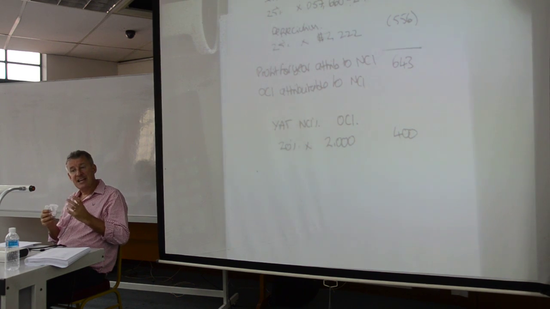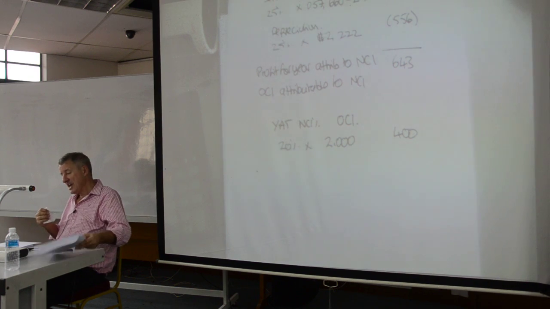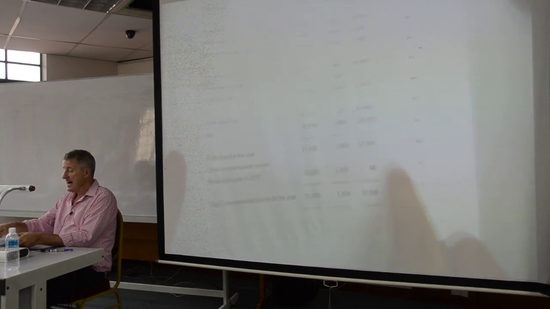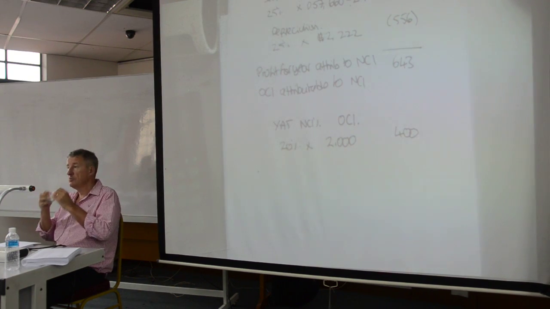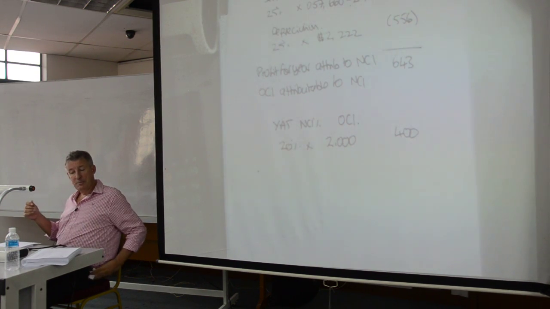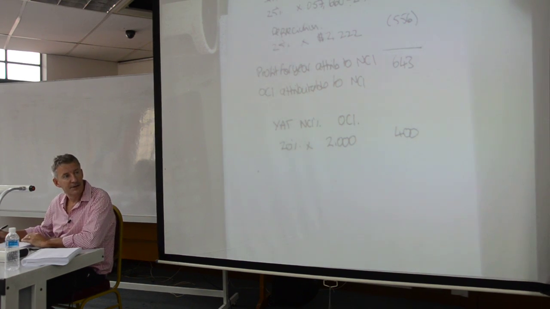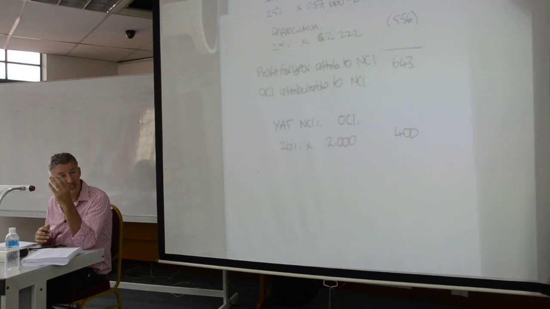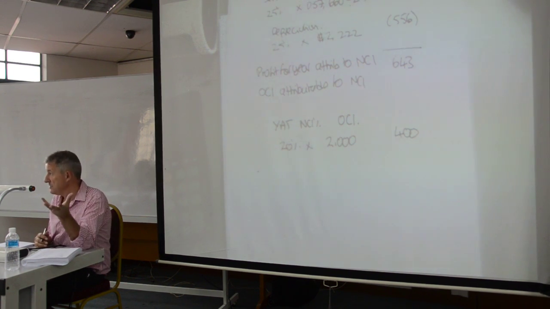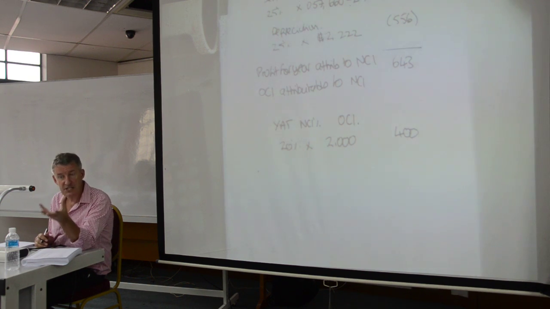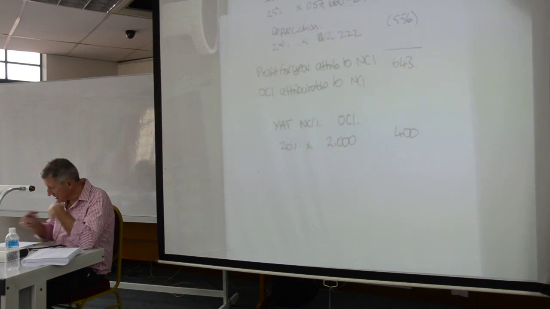Now when I look at SEN, in the question, SEN doesn't have any other comprehensive income. Rubbish. Can you tell me what we put in other comprehensive income that related to SEN? SEN is a foreign sub. Because SEN is a foreign sub, what do we put into other comprehensive income? The exchange difference.